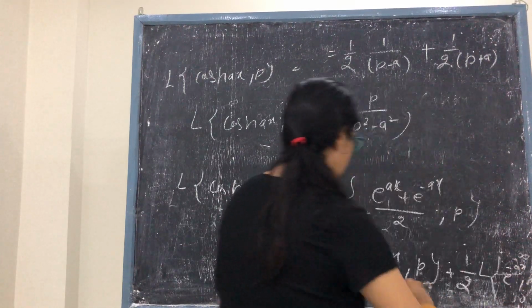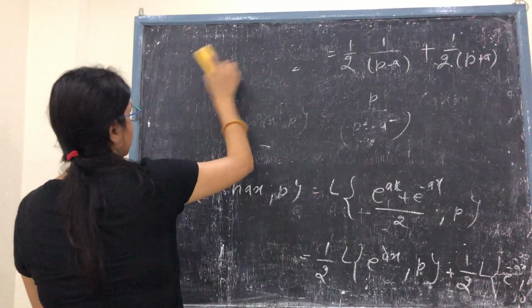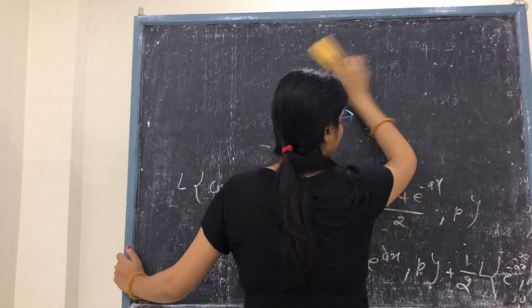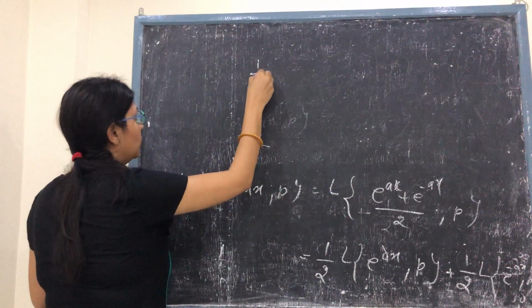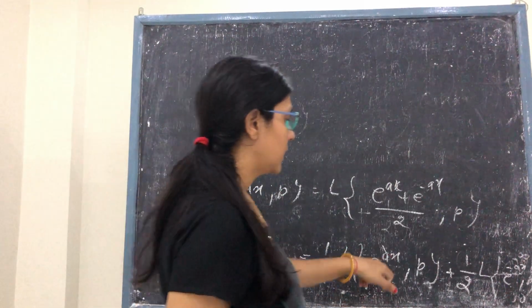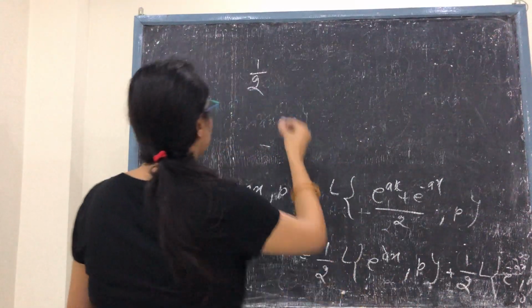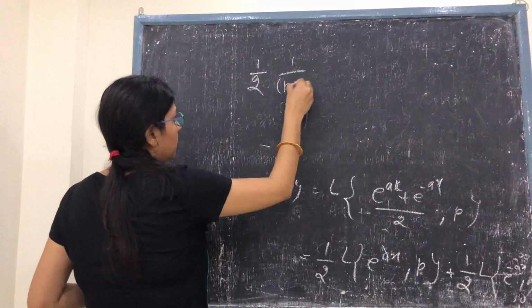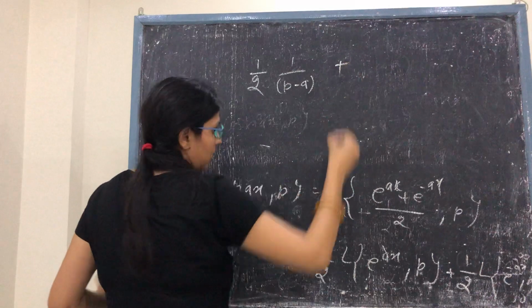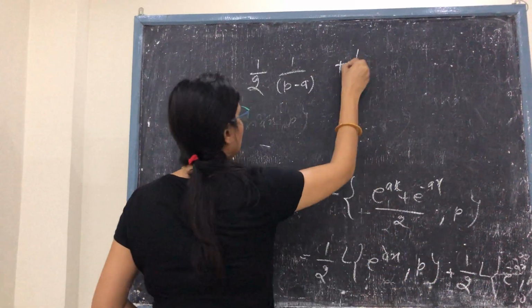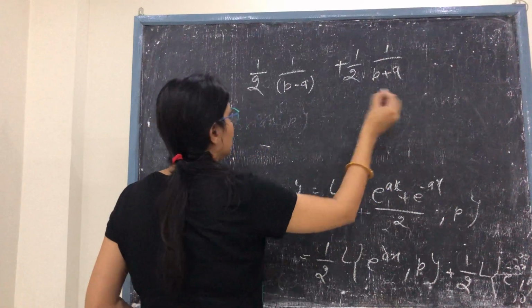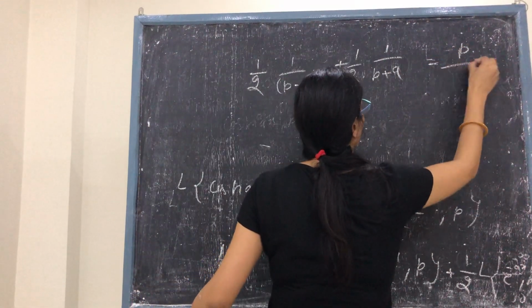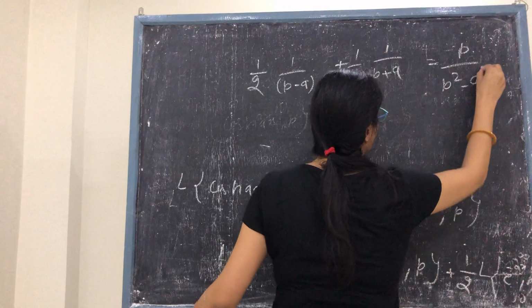Using the previous result which we derived earlier: what is the Laplace transformation of e to the power ax? It is 1 upon p minus a. And for e to the power minus ax, it is 1 upon p plus a. So we get 1 upon 2 times (1 upon p minus a plus 1 upon p plus a), which equals p over p square minus a square.